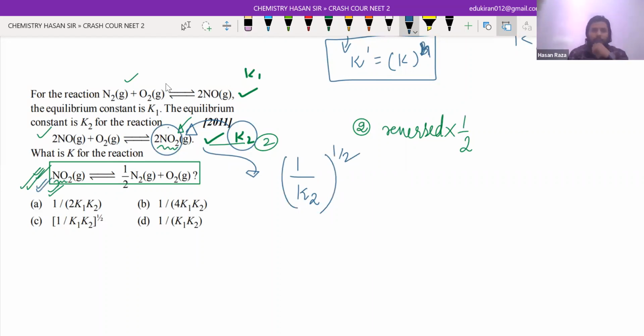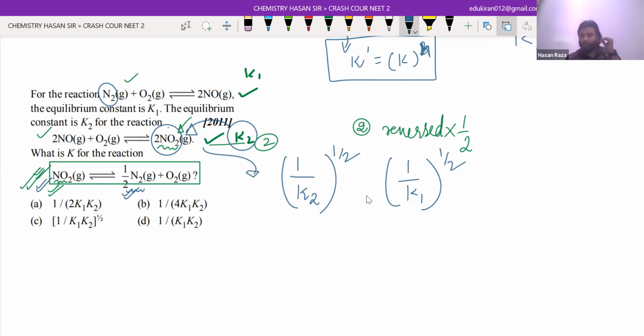Now for half N2, N2 is on the left-hand side and 1 mole, and here N2 is on the right-hand side. That means it is also reversed, so it will be 1 upon K1, and multiplied by half, so it will be in power.